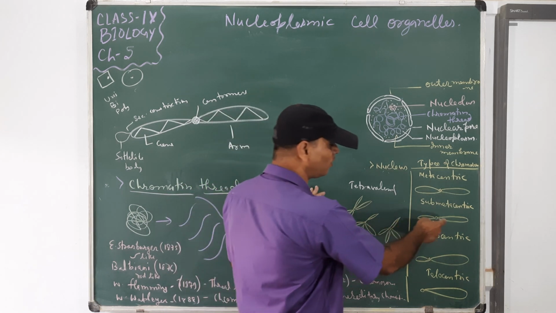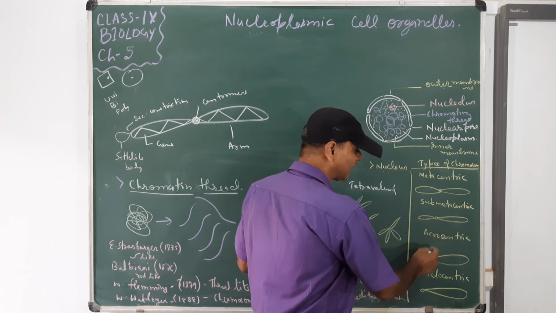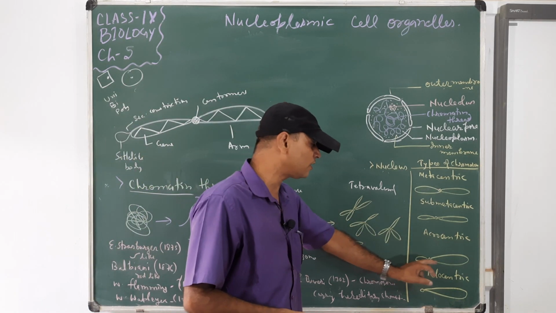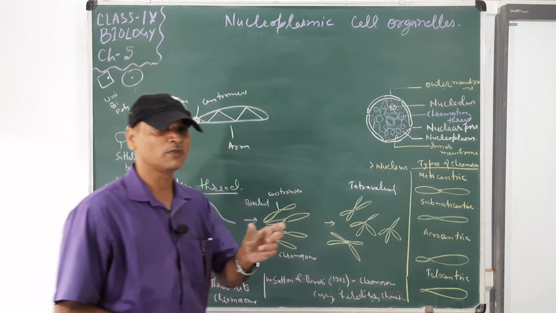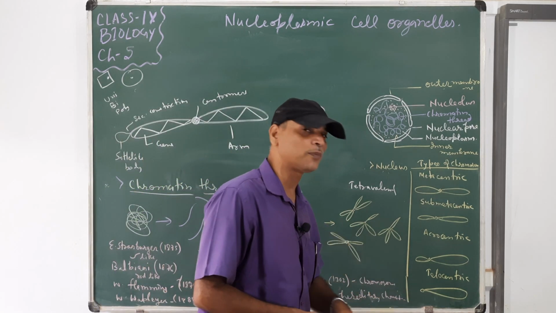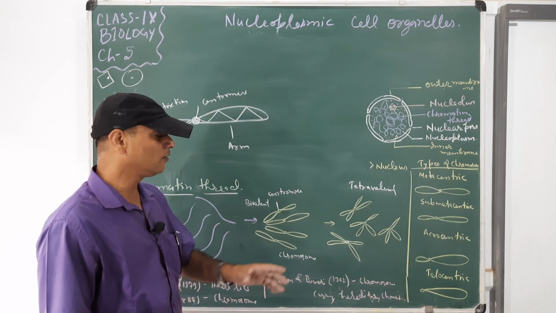So there is no big difference in the two arms, but acrocentric has so much difference. One is a very small arm, one is a very big arm. But telocentric means the centromere is at the top or tail, so there is only one arm.